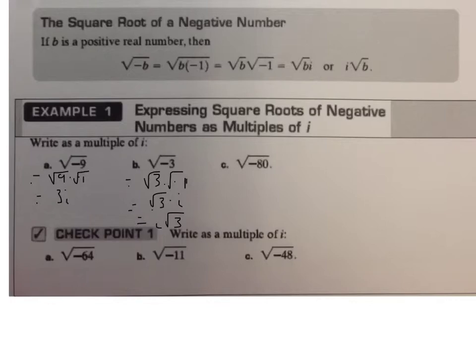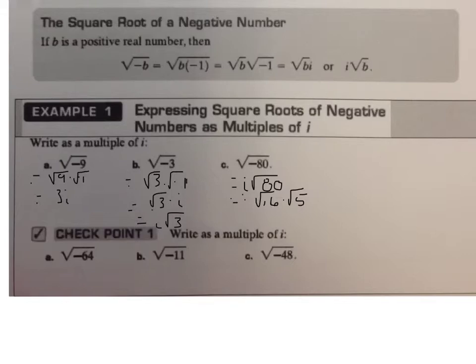So if I look at C and use my shortcut, I know I've got a negative in there, so I know I'm going to end up with I times the square root of 80. The square root of negative 80 equals I times the square root of 80. And then I have to think about, can I simplify the square root of 80? Which I can. Square root of 80 breaks down into the square root of 16 times the square root of 5, because 16 times 5 makes 80.